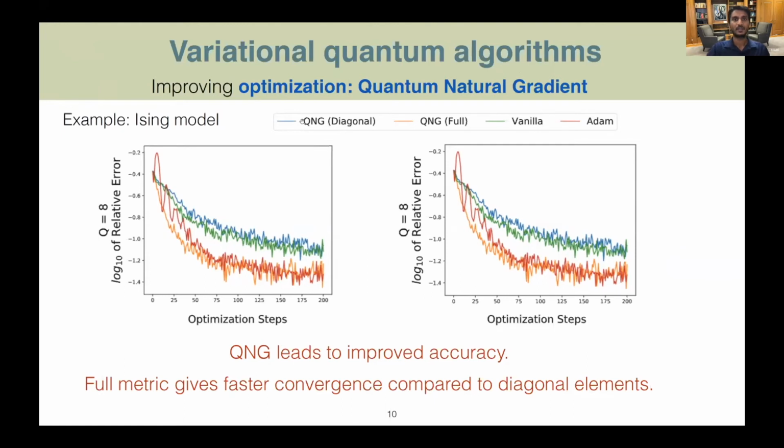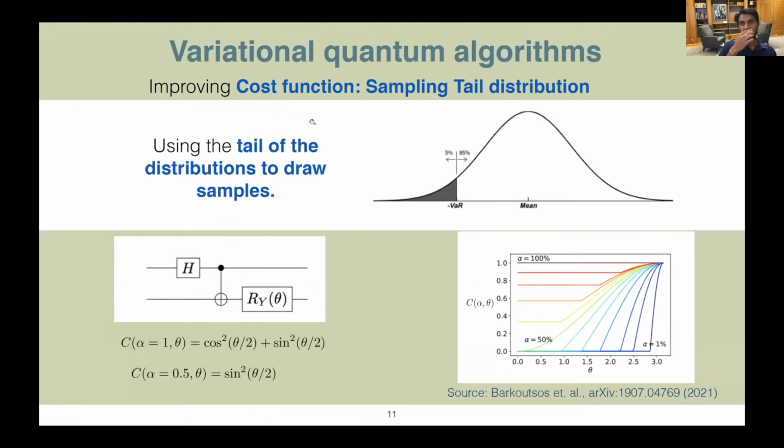Okay, all right. Now let's think about what we can do with the cost function. Usually, when we come up with a problem, the cost function is already defined. The way we work with it is that the quantum circuit gives us some samples, and let's say those samples follow this kind of distribution given here.